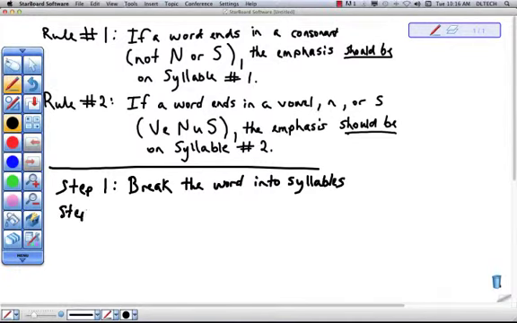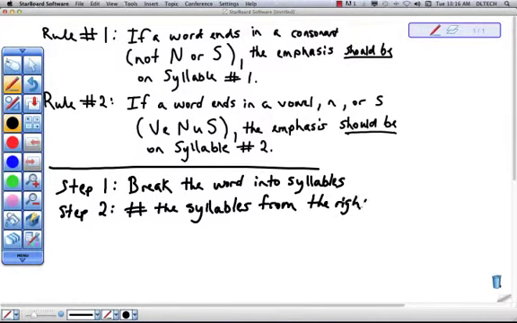Step 2, number the syllables from the right. So bear with me again, okay, guys? We're getting to the good stuff. You number them from the right.